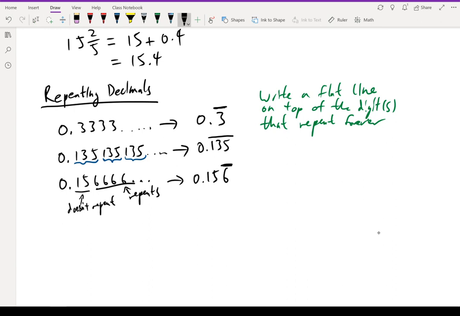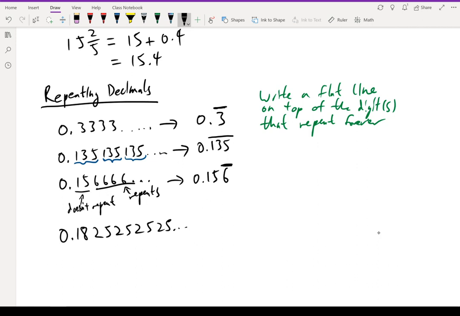And same for another example. If I have 0.18, I always like using 1, 1, 8, 2 5 2 5 2 5 2 5, and it goes on forever.